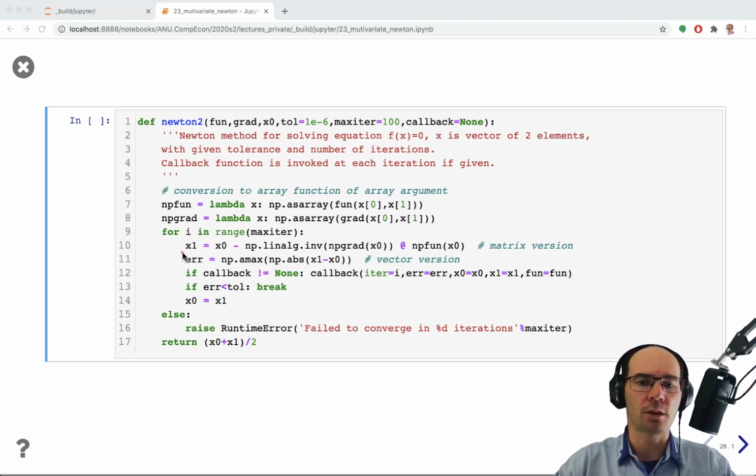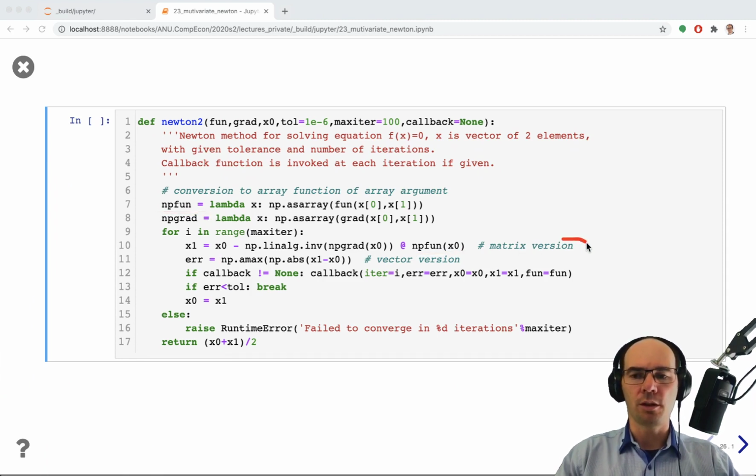Oh, and of course, the Newton step, that's the main change, has changed, because now we cannot just divide by the value of the gradient. We need to take the inverse of the matrix returned as the NP gradient, and then matrix multiply it by the vector which is returned as a function value.